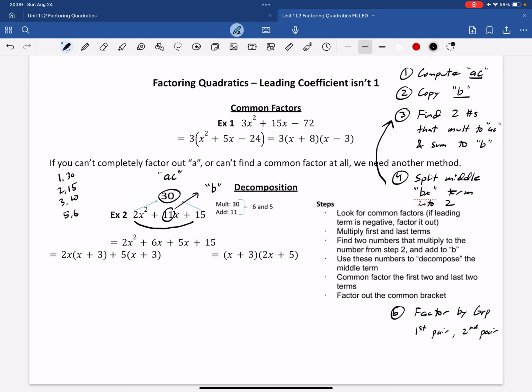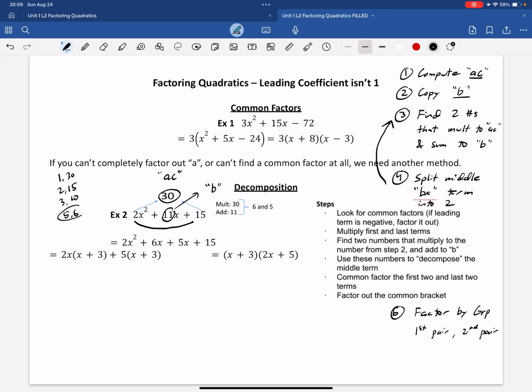I would encourage you to start with the lowest number and go in order. Once we get to 5 and 6, if we haven't missed anything, we know these are the only possible values. The ones that work are 5 and 6, positive, because positive 5 plus positive 6 is 11, and positive 5 times positive 6 is 30.